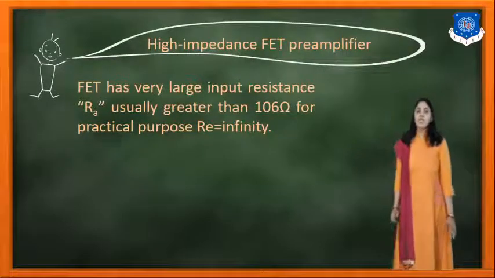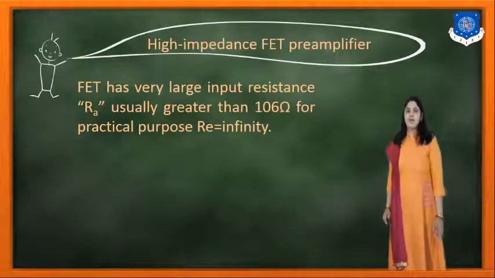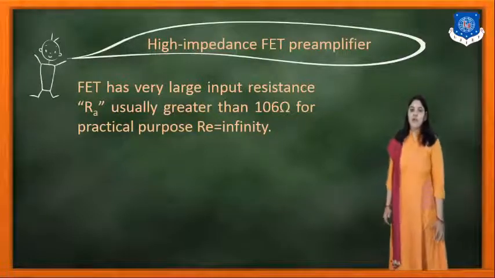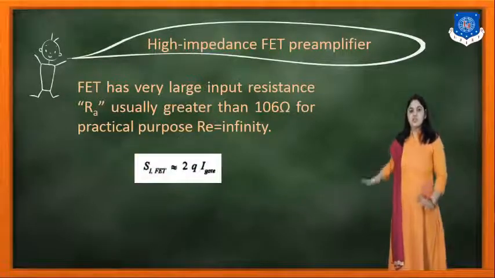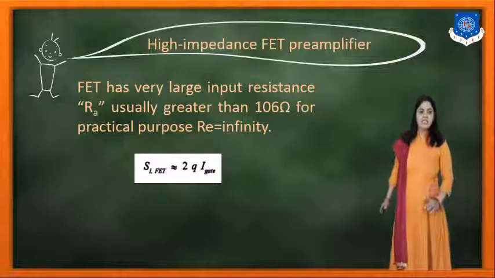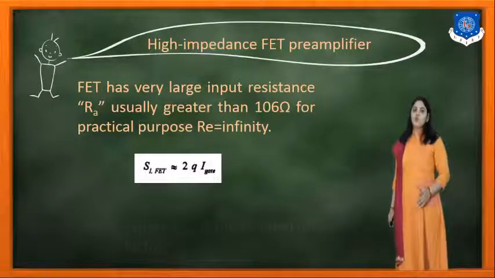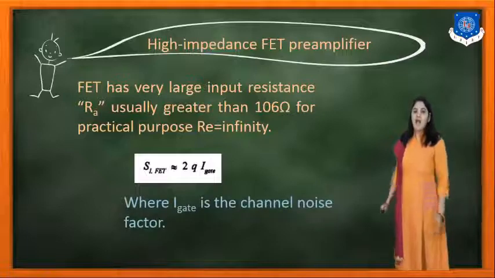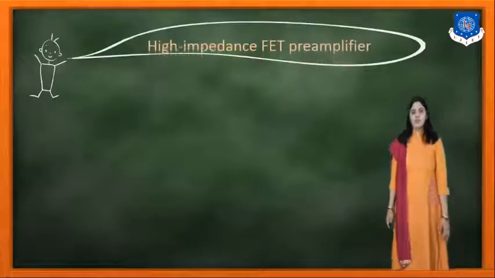The FET has a very large input resistance Ra, usually greater than 10^6 ohm. For practical purposes, Ra is equal to infinity. So this equation can be rewritten as S_I(FET), which is nearly equal to 2q I_gate.